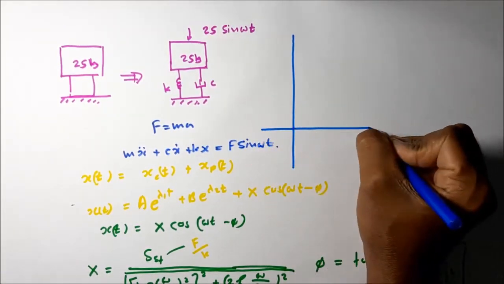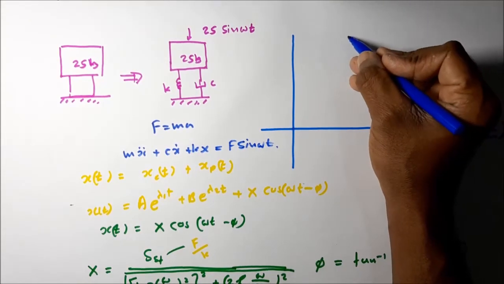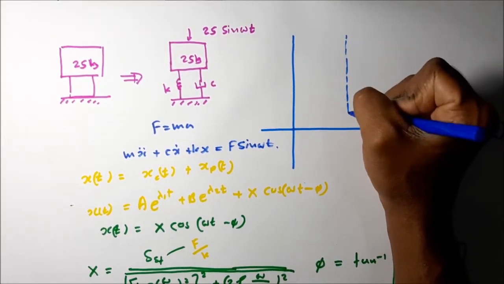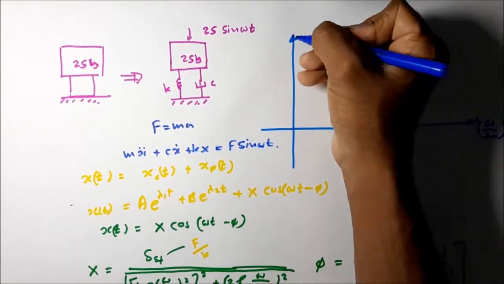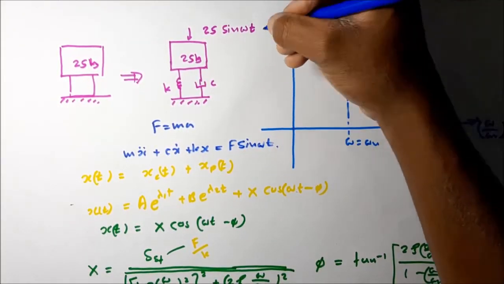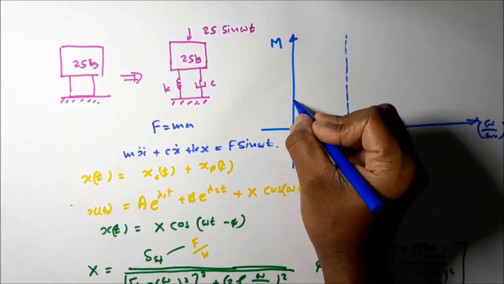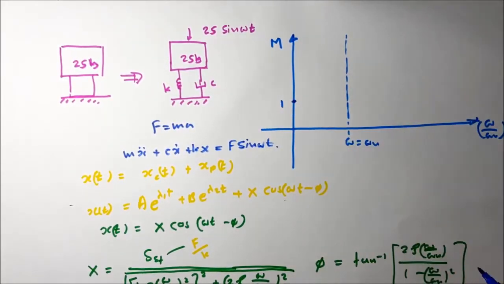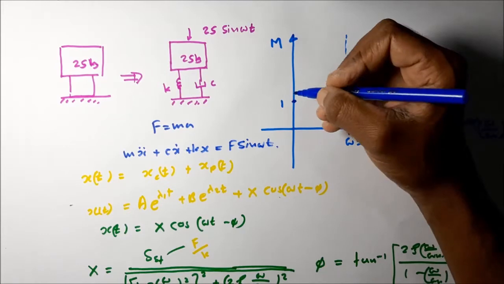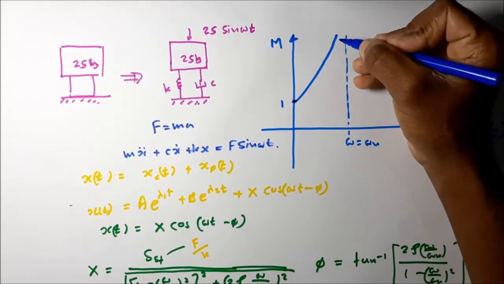At omega equals omega n, this is M, and this is 1. For zeta equals 0, it has this kind of variation.